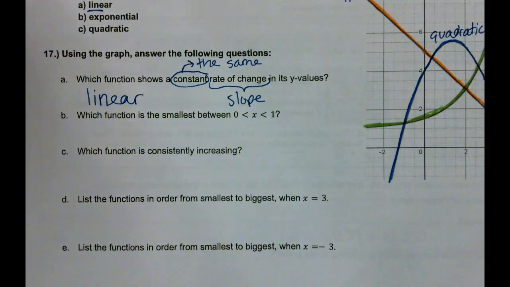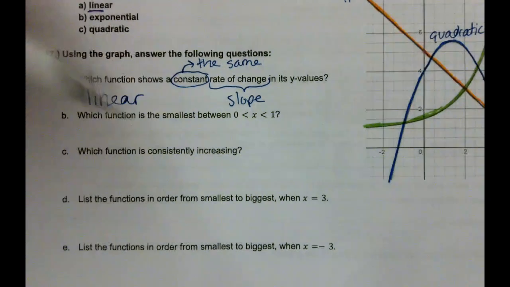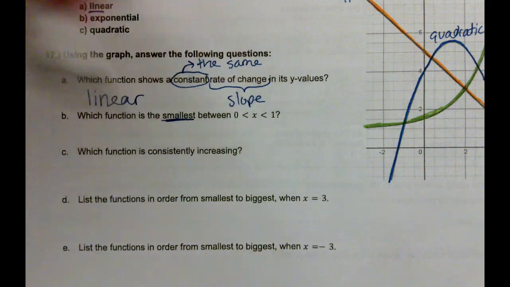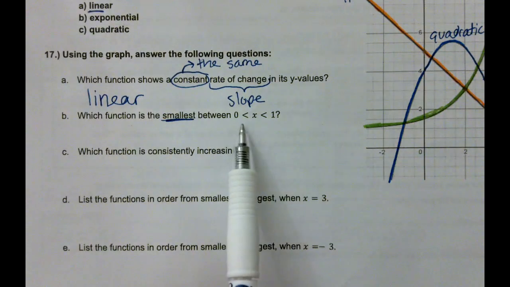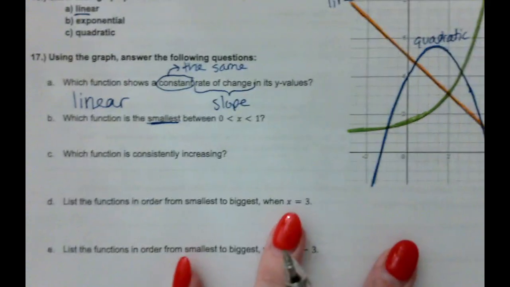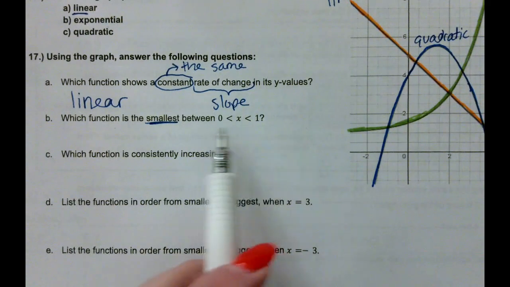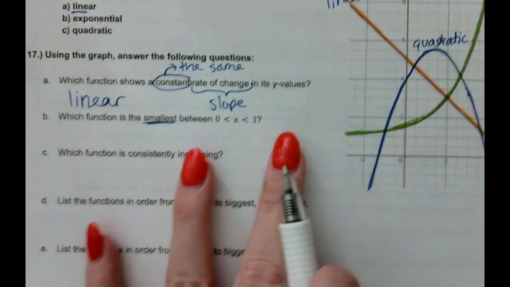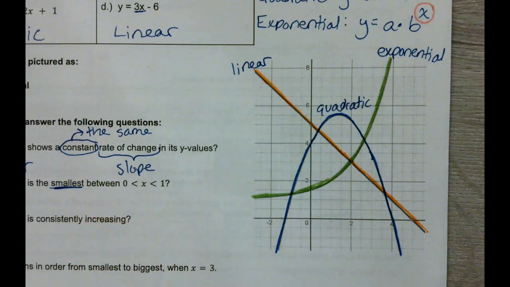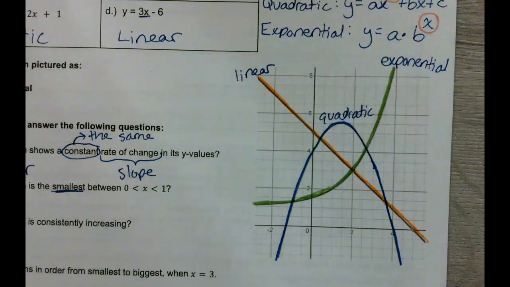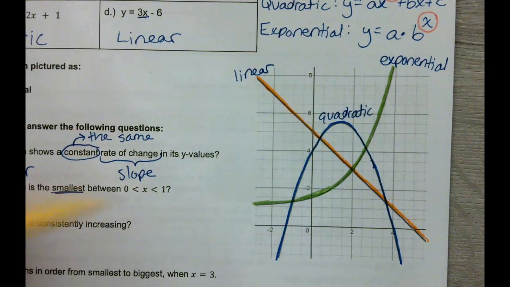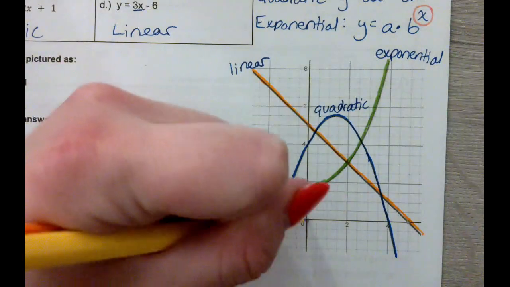Okay. B. Which function is the smallest between 0 and 1? So this is one where you will want to mark that space on the graph. So I'm going to do that in pencil. So between 0 and 1. So 0 is right here.